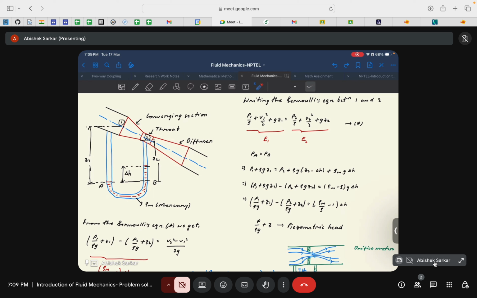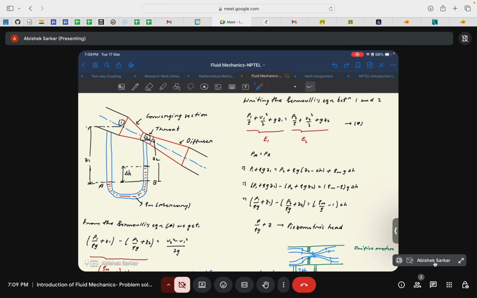Even if the flow is viscous, the principle applies. Velocity at this point will be higher, so the pressure would be lower. Pressure at this point is higher because velocity is lower compared to the throat section. And moreover, since the pressure at this point is lower than the pressure at this point, it generates a favorable pressure gradient, so flow is towards this particular direction.